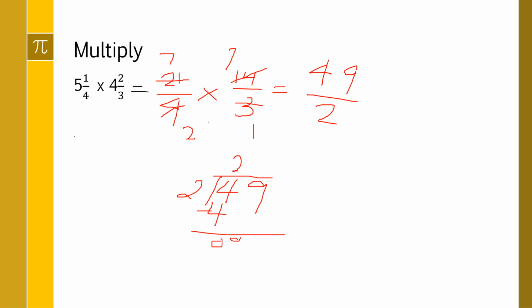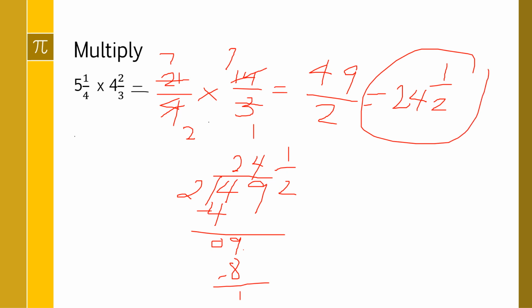Bring down 9. 9 divided by 2 is 4. 4 times 2 is 8, so 9 minus 8 is equal to 1. Therefore, we have 24 and 1/2. Our final answer is 24 and 1/2.